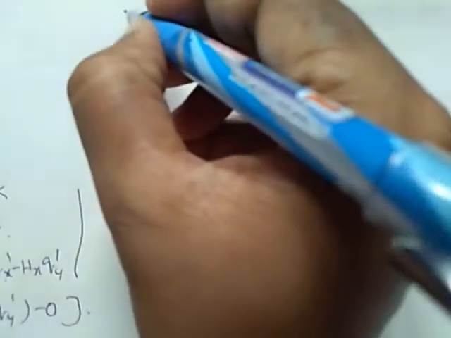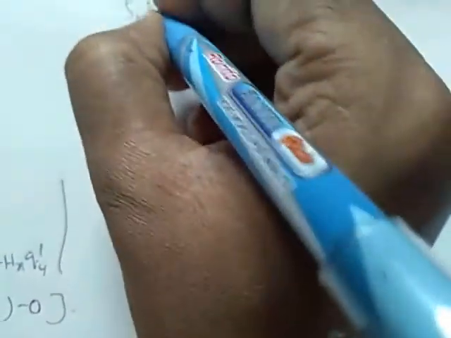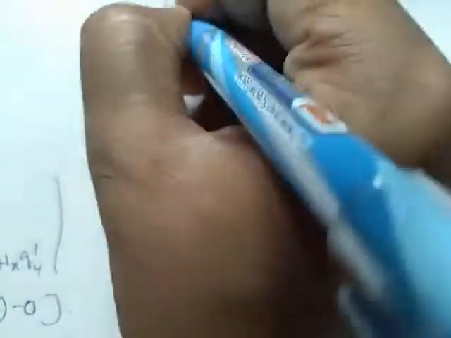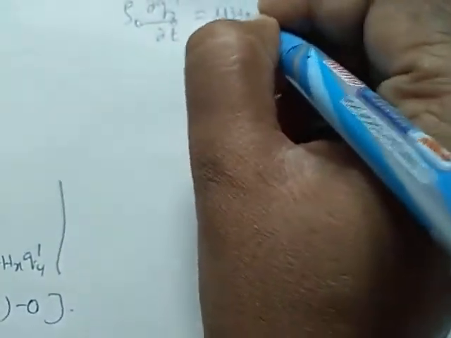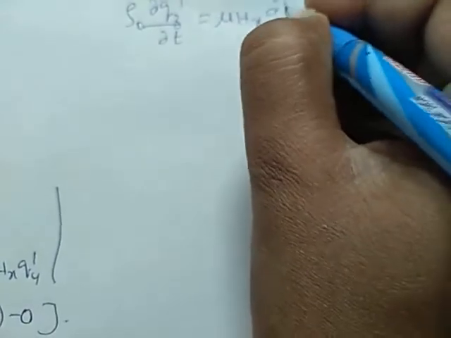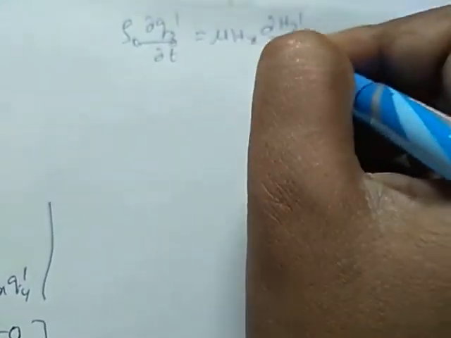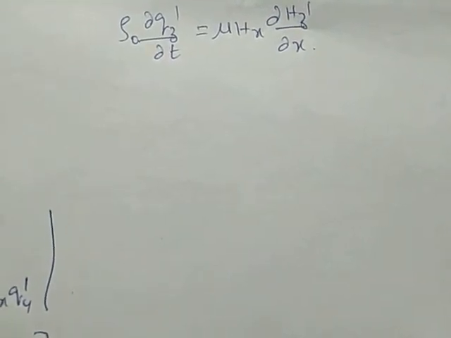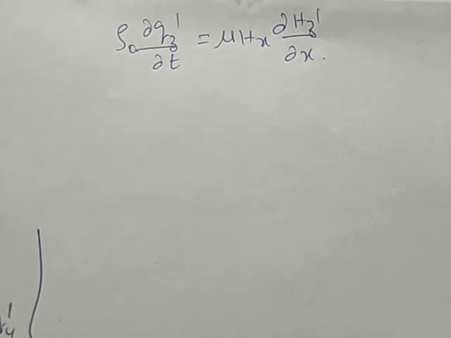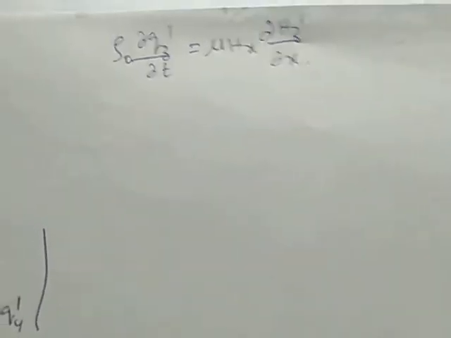So, I am going to consider equation 12. What is our equation 12? Rho naught ∂q_z'/∂t is equal to mu Hx ∂Hz'/∂x. This is our equation 11. We are going to differentiate this equation with respect to t.